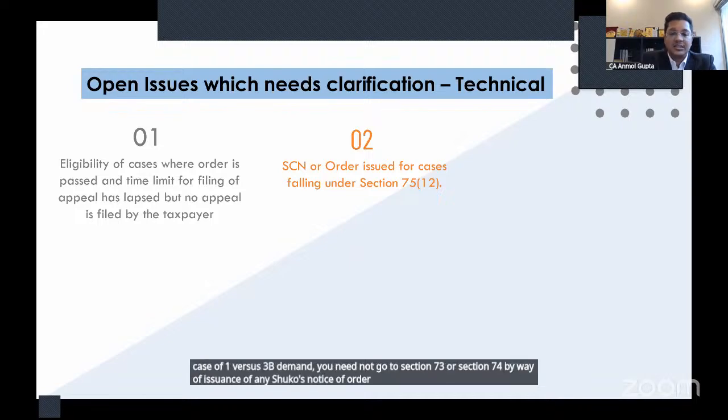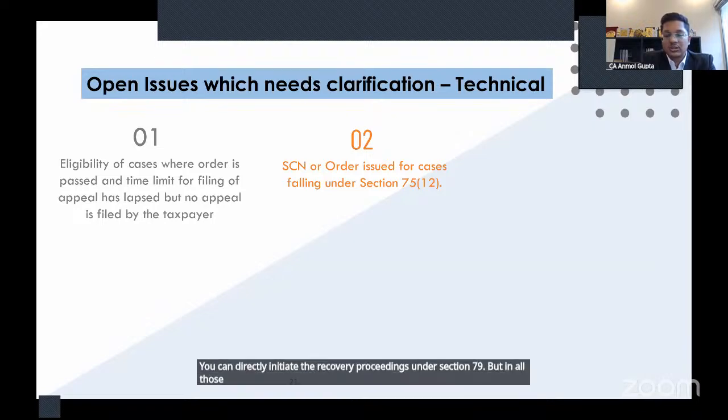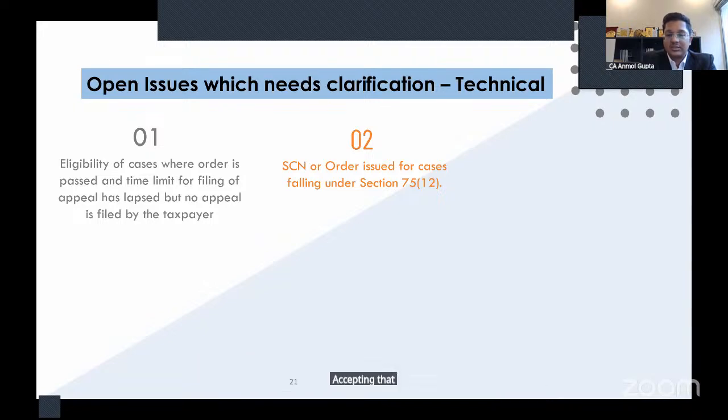You can directly initiate the recovery proceedings under section 79. But in all those cases where a show cause notice has been issued on 1 versus 3B mismatch, we feel that taxpayers are eligible for filing the application under the scheme, because a show cause notice has been issued. So the officer is himself accepting that it is not falling under section 75(12).